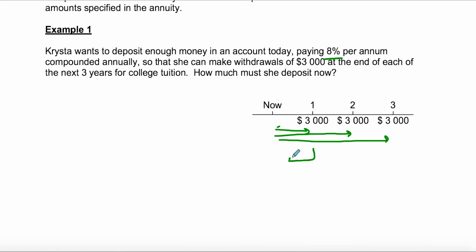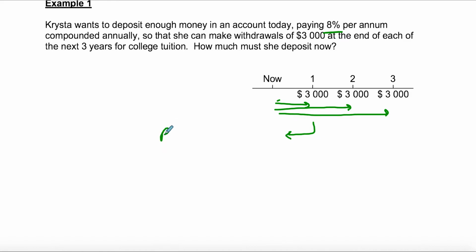For 1 year, the present value of $3,000 at 8%, just using the formula we saw in the last lesson, this would be 1.08, so it's 1 plus the interest to the exponent n, which is how many years you have. And that's $2,777.78.